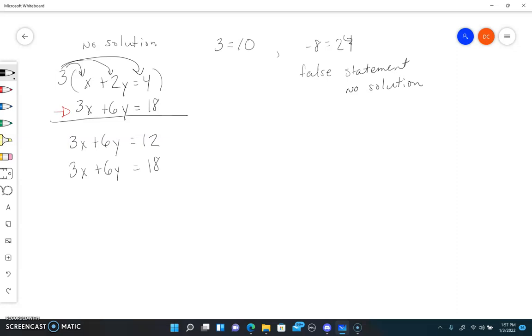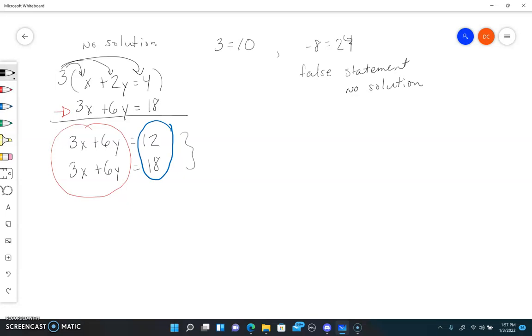Okay, so here you can already see that the left-hand side of these equations is the same, but on the right-hand side, those are not equal, right? So 3x plus 6y equals 3x plus 6y, but 12 does not equal 18, right?